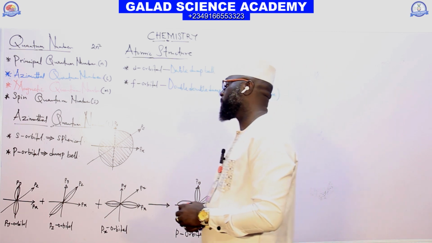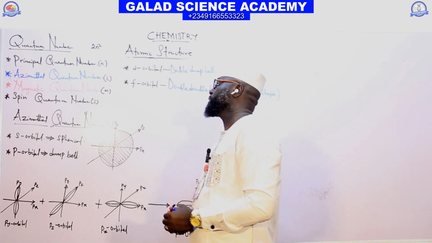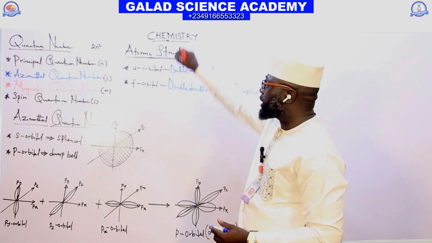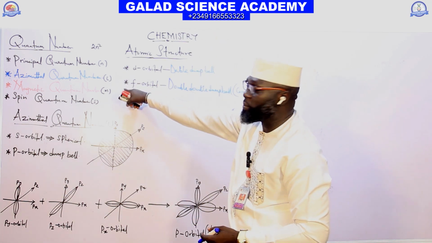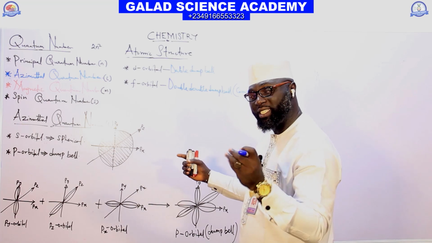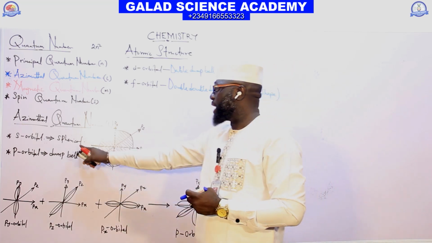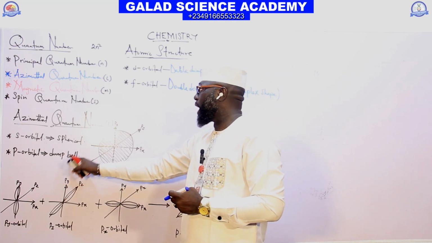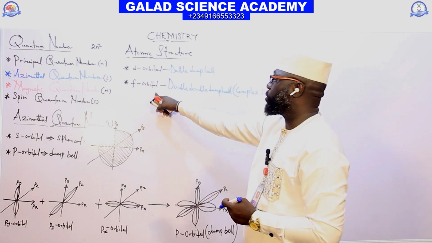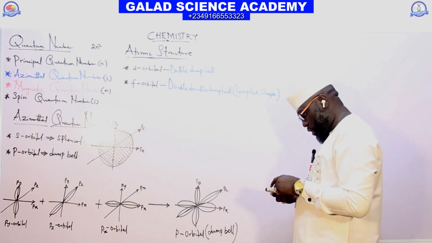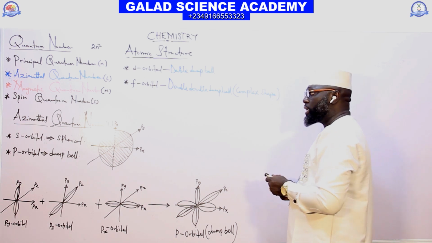So the next thing is, this azimuthal quantum number also gives us the real value for S orbital, P orbital, D orbital, and F orbital.